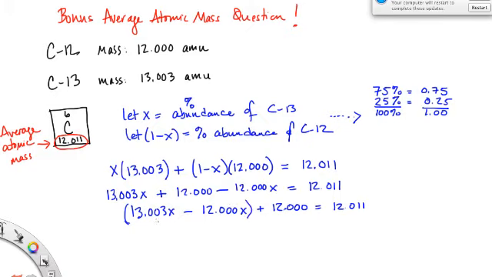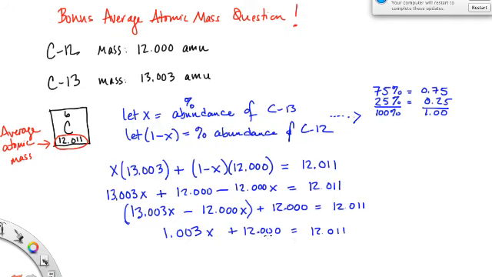So 13.003x minus 12.000x becomes 1.003x, plus 12 equals 12.011.